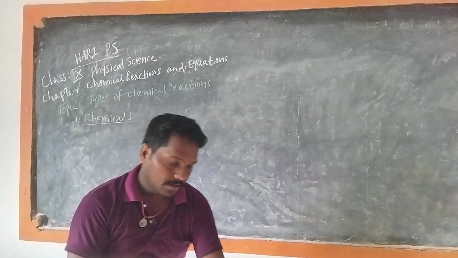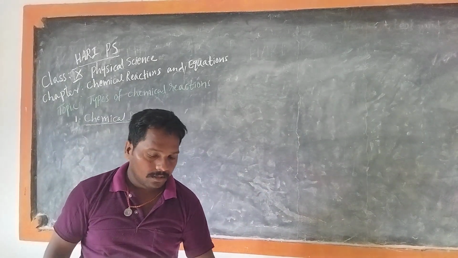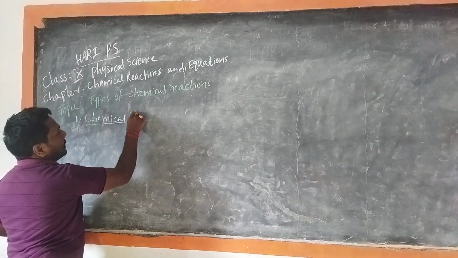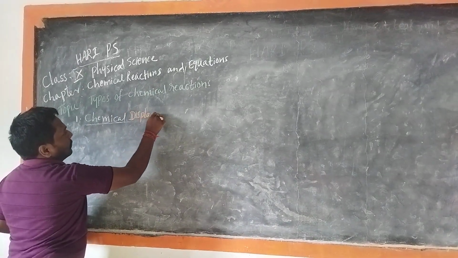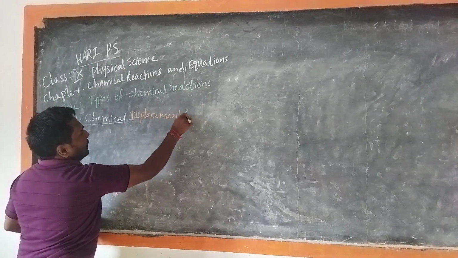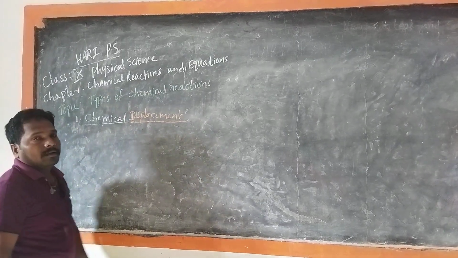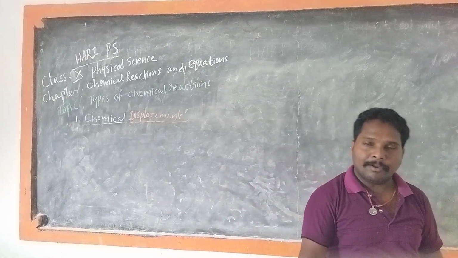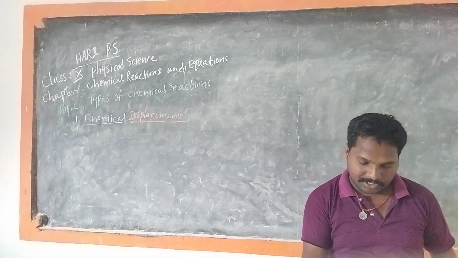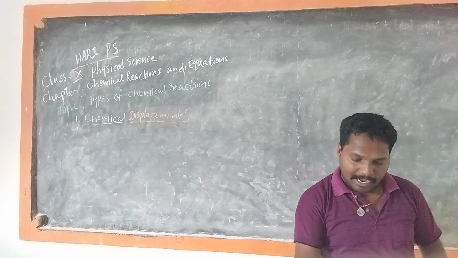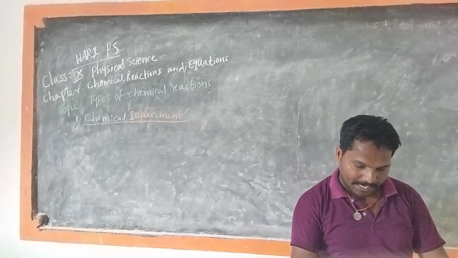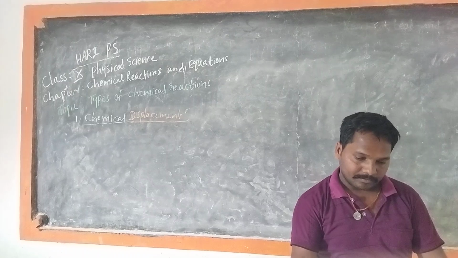The third type of chemical reaction is chemical displacement. Already you have an idea about displacement reactions. In class A, a highly reactive metal displaces a low reactive metal.